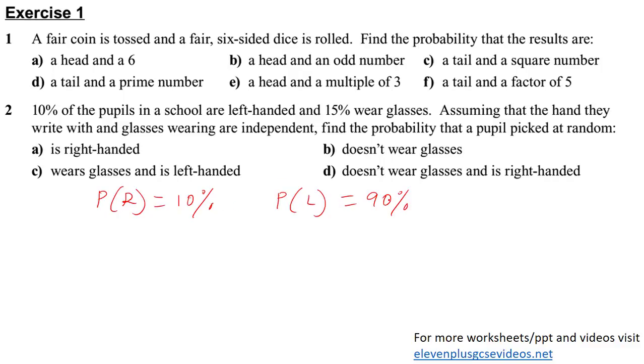That's going to add up to 100%. Probabilities normally add up to 1 or 100%. So if I got right-handed ones being 10, then the left-handed ones are going to be 90, 100 being the full number. That's what I'm trying to say.